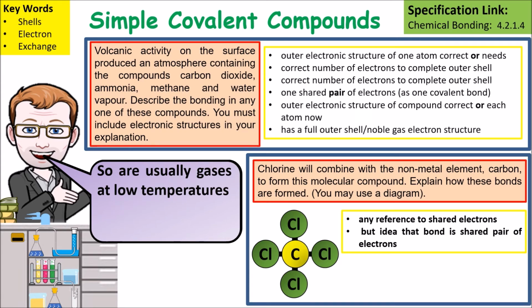Your answer should include something about the outer electronic structure of an atom, the correct number of electrons needed to complete that shell, and that the electrons complete the outer shell, with one pair of electrons in a covalent bond. Once an atom has a full outer shell, it can no longer bond with any more atoms because it doesn't need any more electrons.